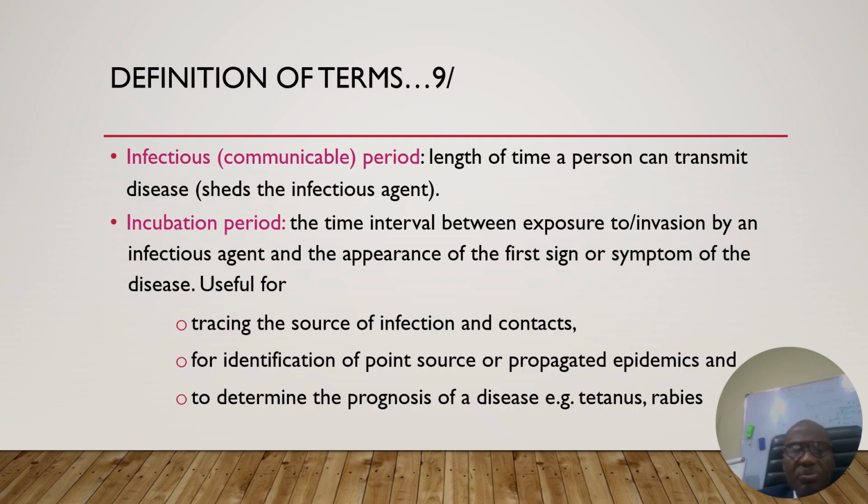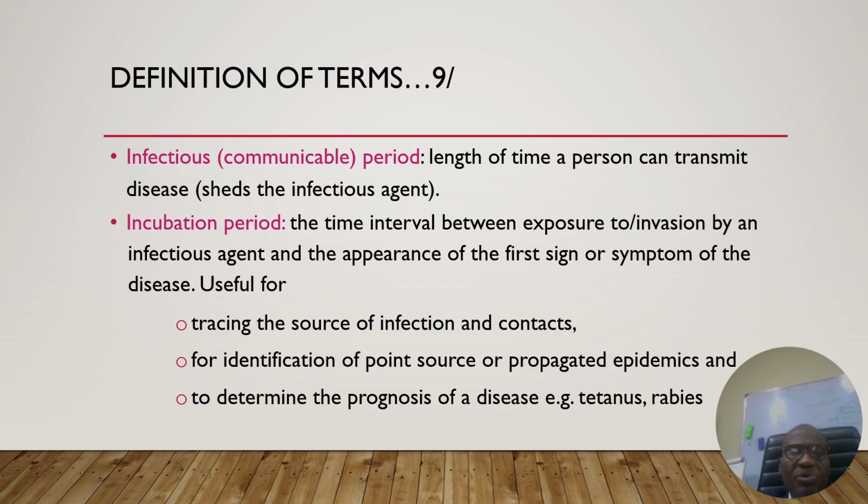Incubation period, this is important. The time interval between exposure to an infectious agent and the appearance of the first sign or symptom of the disease. This is very useful for tracing the source of infection and contacts. Like in Lassa fever, we use the incubation period to know the period in which we can follow up the person who is exposed.